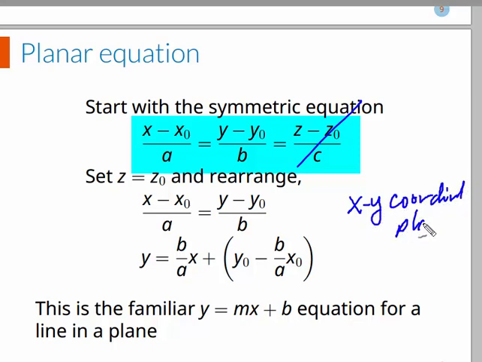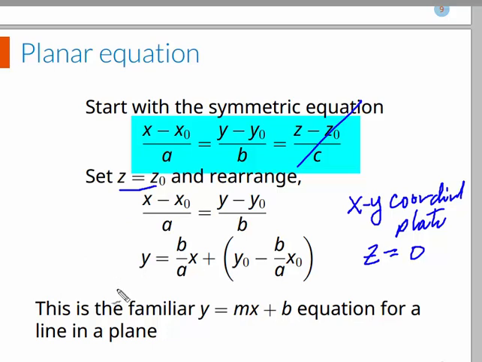And the equation for that was z equal to 0. So this more general z equal to z naught is also a plane, and it is parallel to the coordinate xy plane, but it could be, if z naught is 2, then it's running through z equals 2. So this is a planar equation.